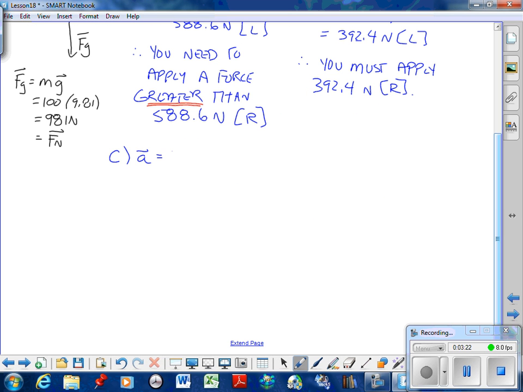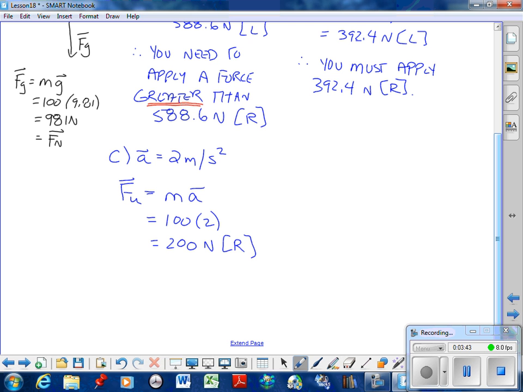If acceleration is 2 meters per second squared, then unbalanced force will equal mass times acceleration. We know the mass of the object was 100 kilograms. We know the acceleration is 2. So we need an unbalanced force of 200 newtons to the right.